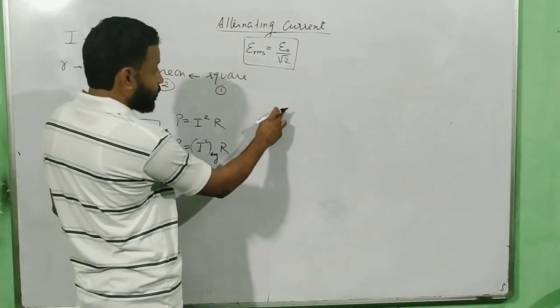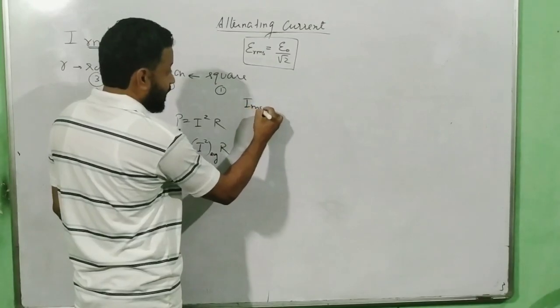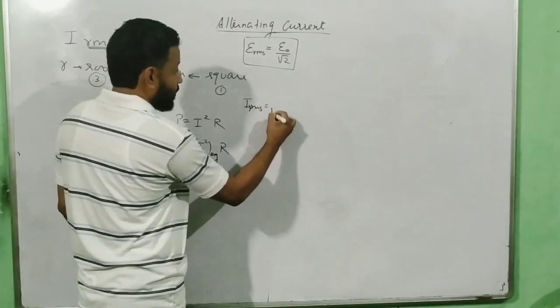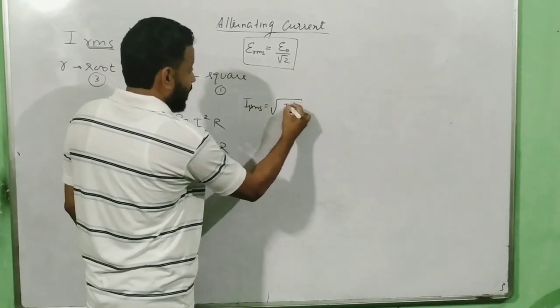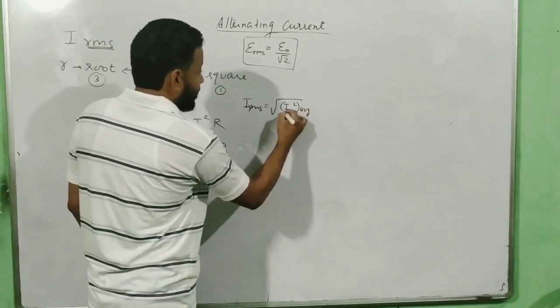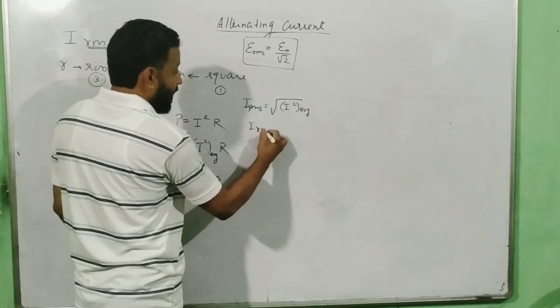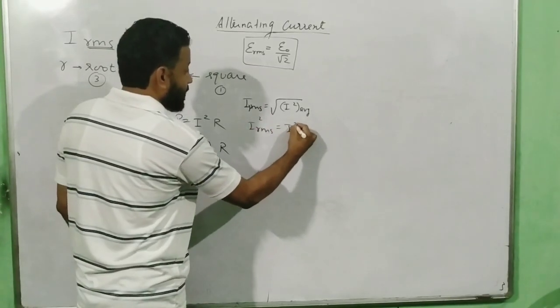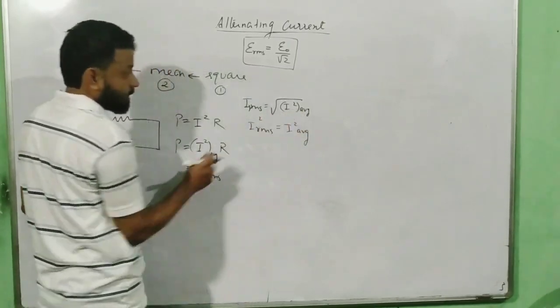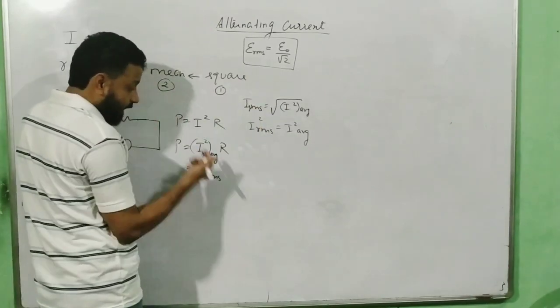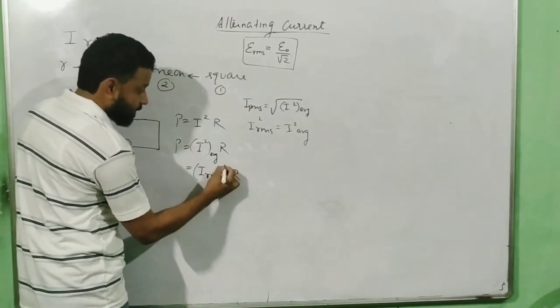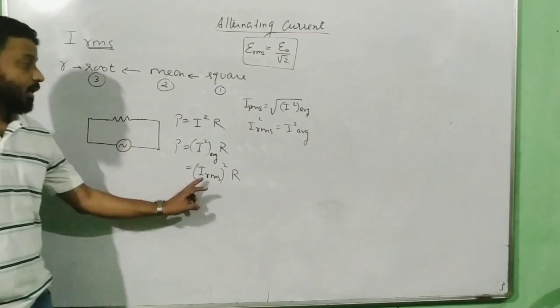If you remember here, IRMS was equal to the root of I square average, and that means IRMS square is equal to I square average. This is what I wrote. So what I am finding is the square of the RMS current.